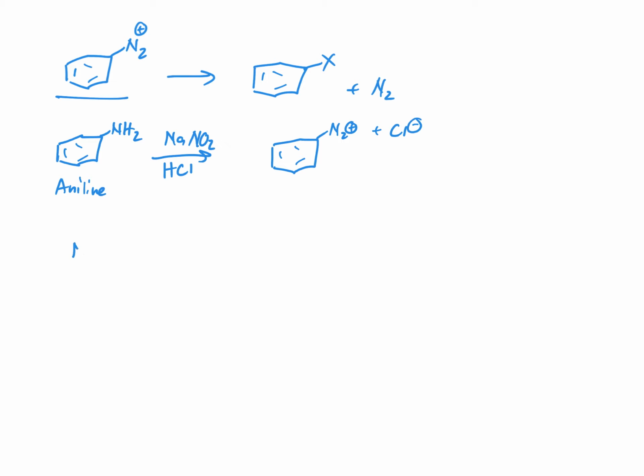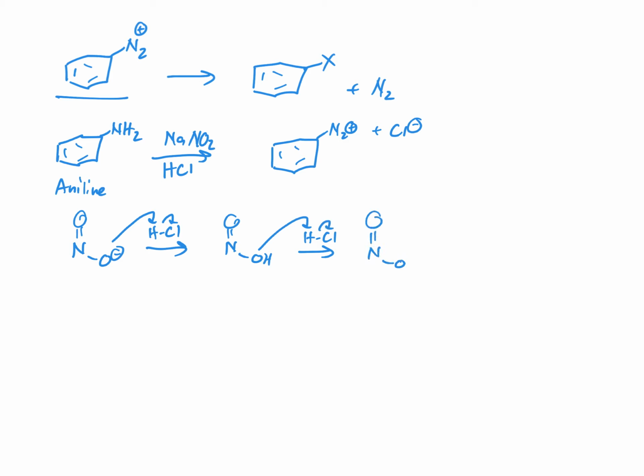Well, the first thing we're going to do is take the nitrite and react that with HCl. We're actually going to react it twice with HCl so that we can eventually lose water. And now we can push off water by using one of the lone pairs on O to make a third bond between N and O. And this cation here is resonance stabilized, right?